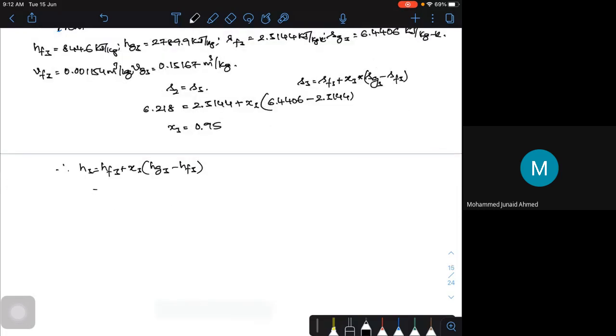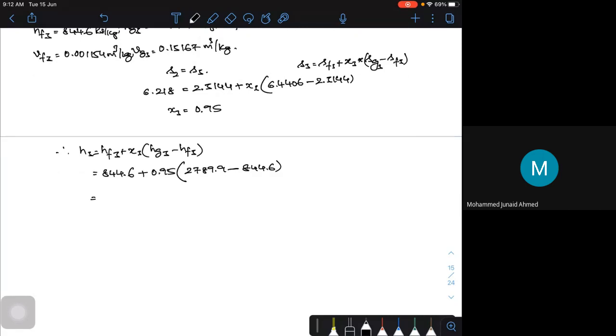HF3 is 844.6 plus X3, which is 0.946 or 0.95, into 2789.9 minus 844.6. So that gives 2692.64, about 2692.